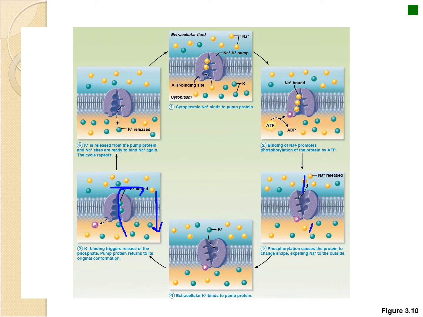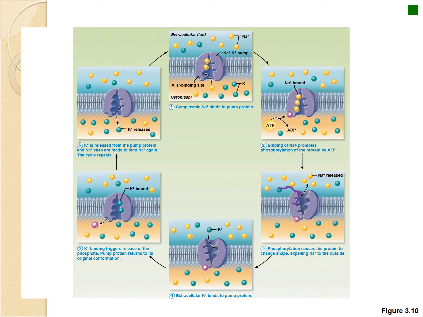Now we're going to see in this thing called a sodium-potassium pump, as sodium is pumped out, potassium gets pumped in. We can see right here, potassium hitches into here, and now gets pumped into the cell as we're pumping out sodium.